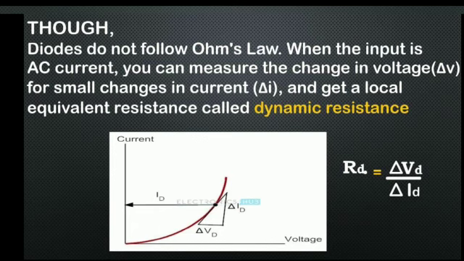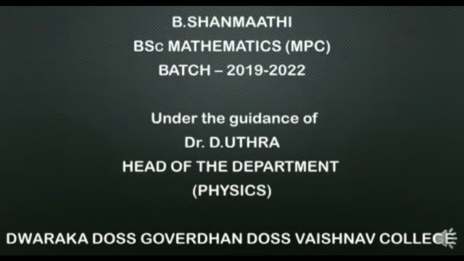Though the diodes do not follow Ohm's law, at any given current level, you can measure the change in voltage for small changes in current and get a local equivalent resistance called the dynamic resistance. We denote dynamic resistance as RD, which is equal to delta VD by delta ID.